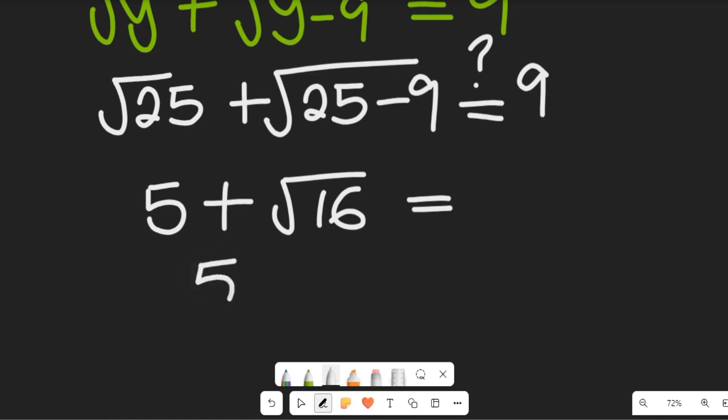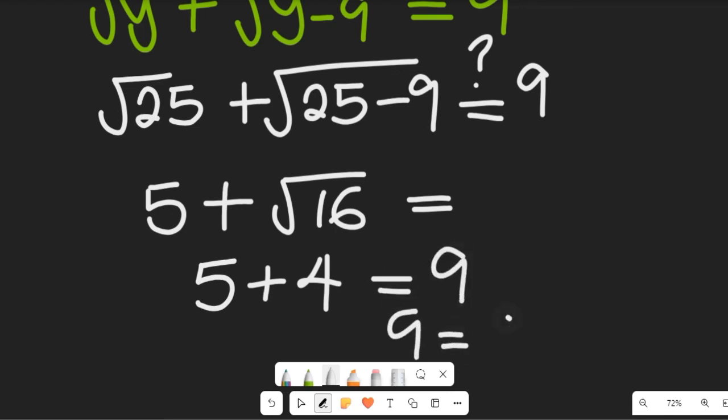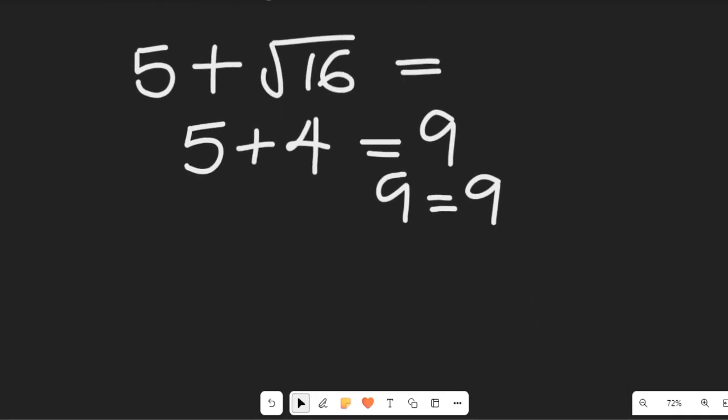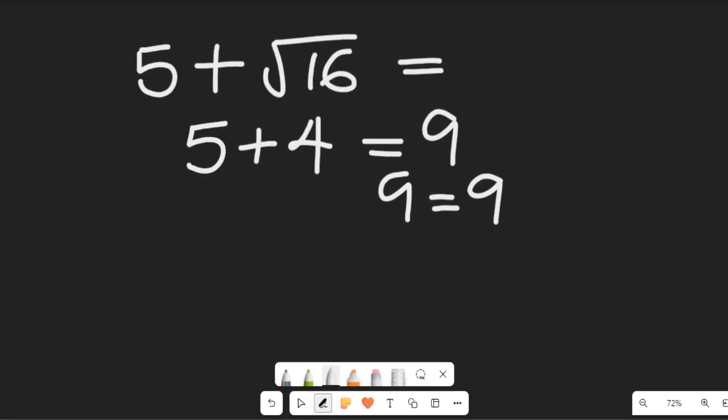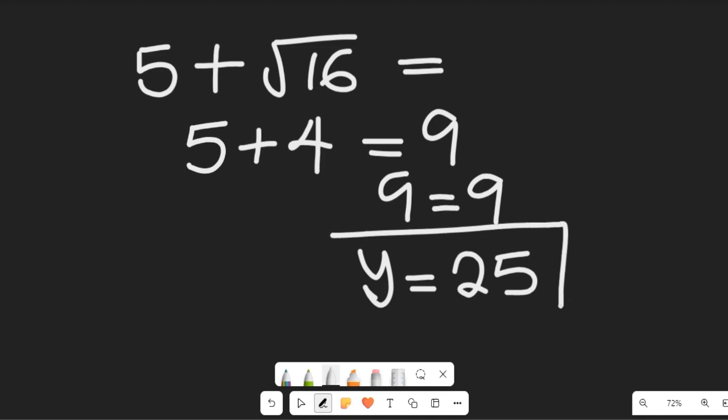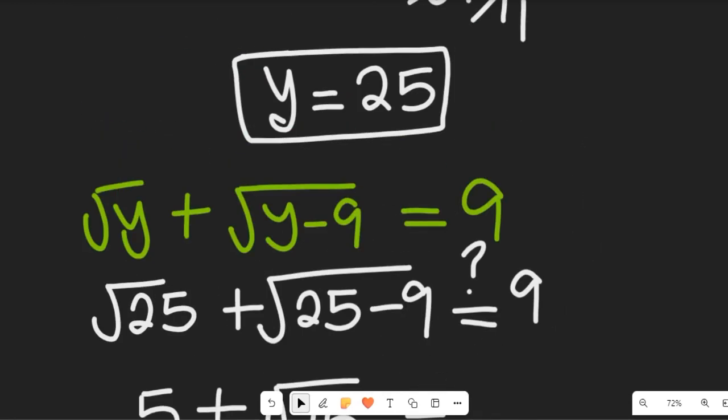The square root of 16, a perfect square, is 4, and 5 plus 4 is equal to 9. So you see, 9 on the left hand side equals 9 on the right hand side. So that tells me that y equal to 25 is the unique solution to that expression given to us up there.